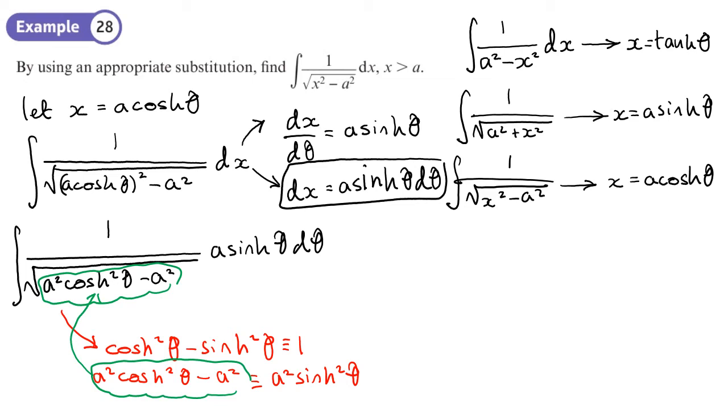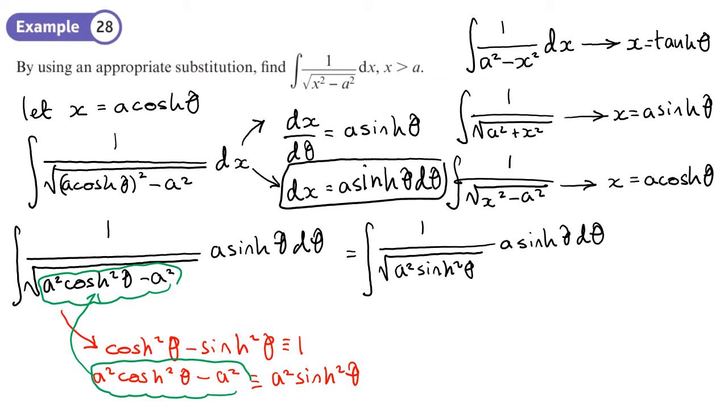So let's do that. That's the next step. That will give me 1 over the square root of a squared sinh squared theta, and that's still a sinh theta d theta.